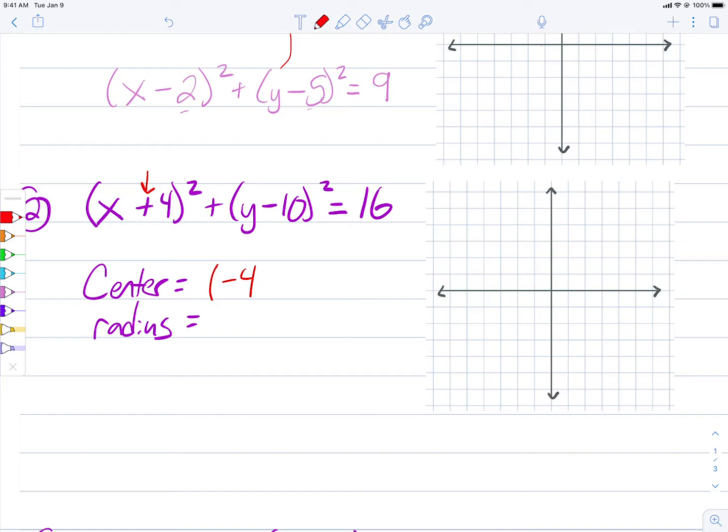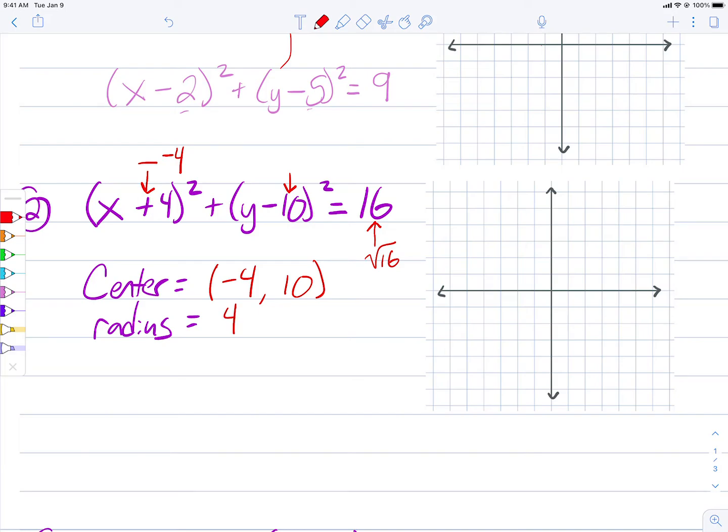That means that the minus is built in, which means we must have had another negative, because 2 negatives make a positive, comma, and this is just 10, because the minus sign is part of the equation. So the radius is going to be the square root of what that is. To undo a square, we square root it, and the square root is 4.